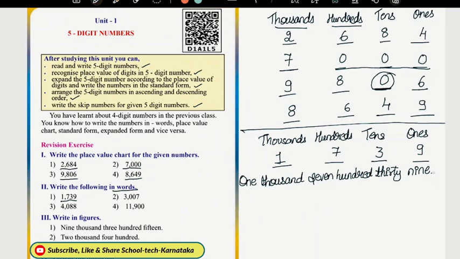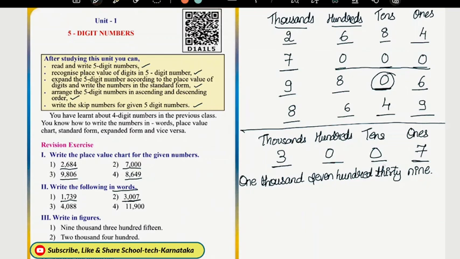So similarly, for our second given number 3007, it is 7 at ones. We have 7 at ones place, 0 at tens place, 0 at hundreds place, and 3 at thousands place. So we read out this number as 3007.